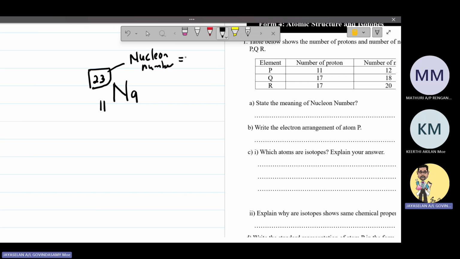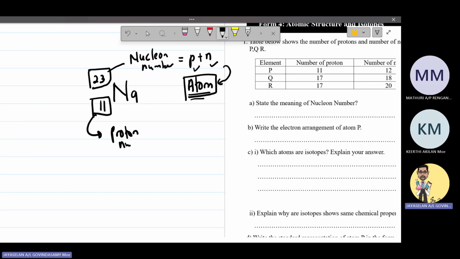Nucleon number means proton plus neutron. Please remember the keyword, you must mention atom. If you all didn't put atom in the definition, it's wrong, you know. Total number of protons and neutrons present in an atom. So that is called nucleon number. And this number is called proton number.